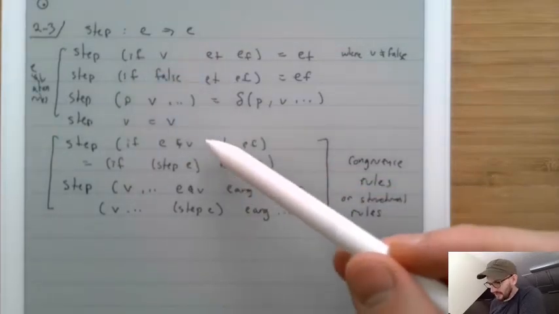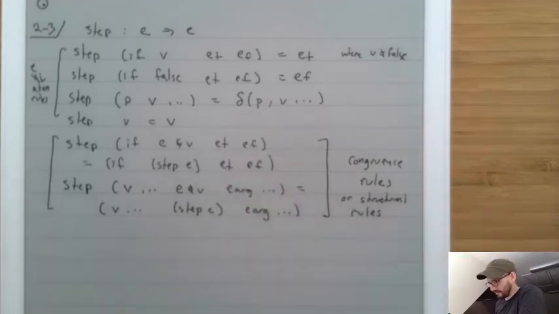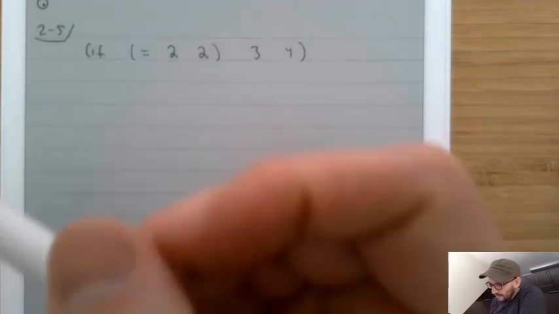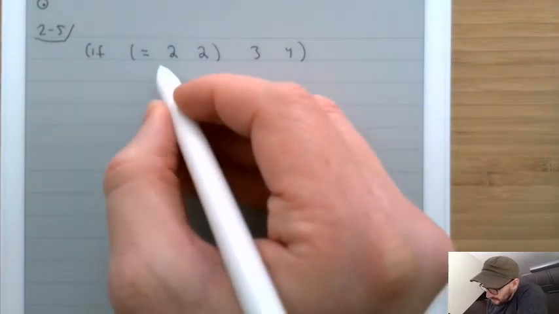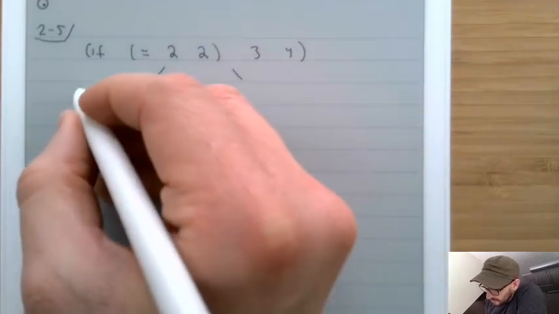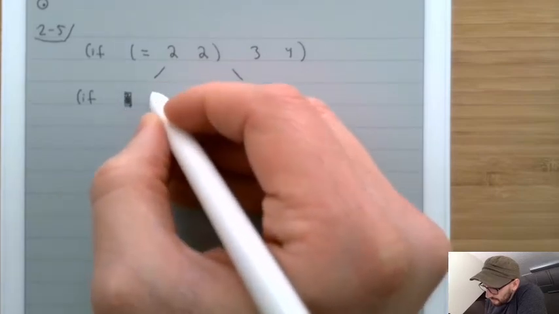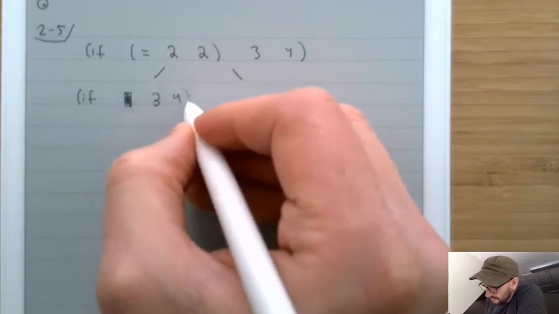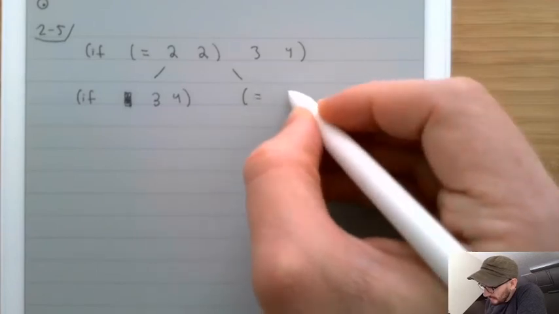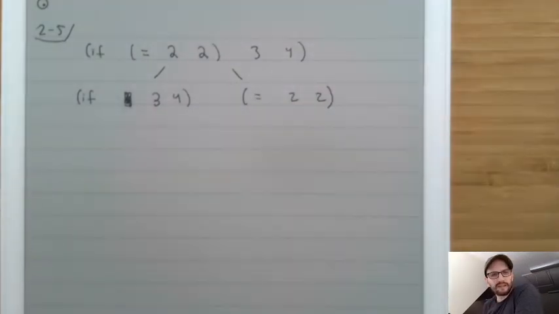Instead, we need to use this first congruence rule. What we could do is split this program up into two pieces. Piece number 1 is a program with a hole. And piece number 2 is the operation inside of the hole.